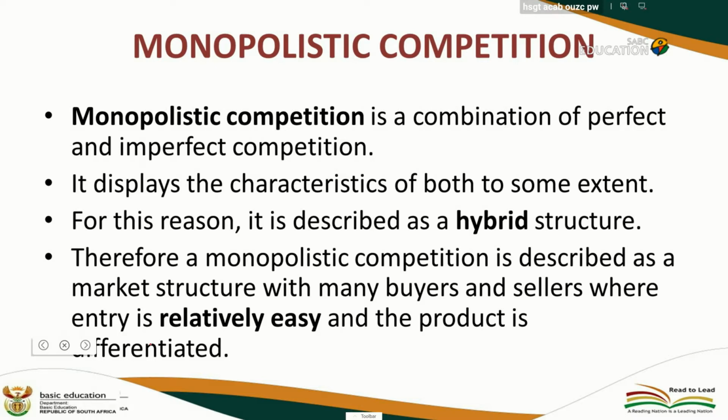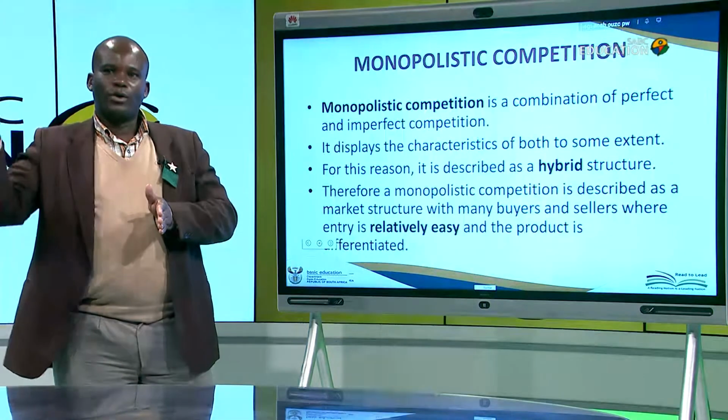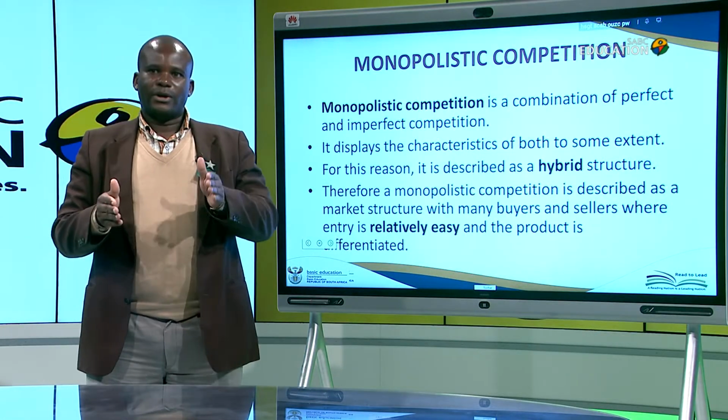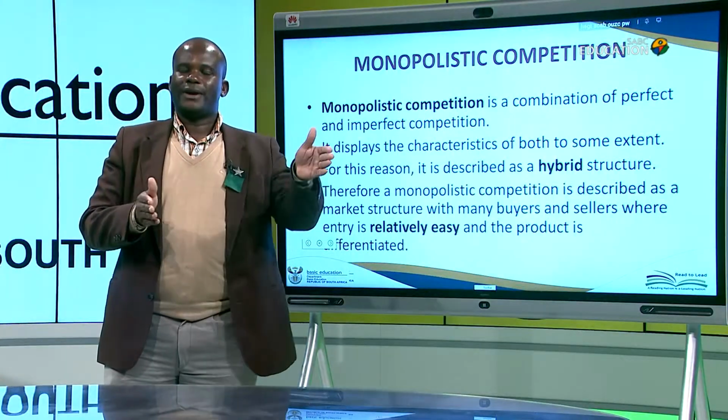Monopolistic competition is a combination of perfect and imperfect competition. You did perfect markets and its characteristics. We did imperfect market. So far we've done monopoly. So when we say monopolistic, we are now combining the characteristics of monopoly as well as characteristics of perfect market.